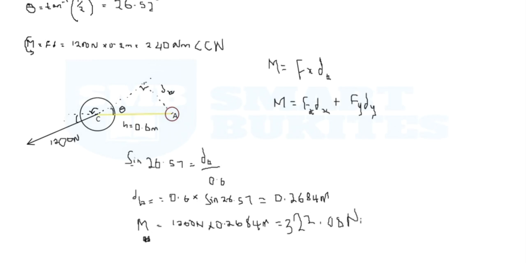Newton meters. Now remember that we already have another moment here, so our total moment will be equal to the first moment we got, that's 240 Newton meters, added to this one.